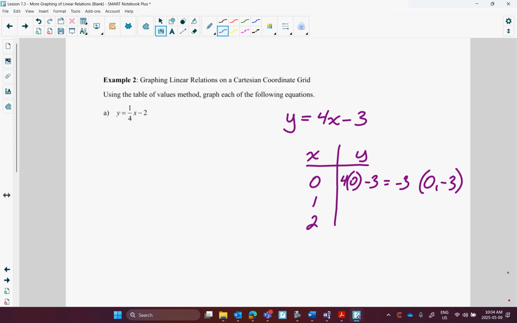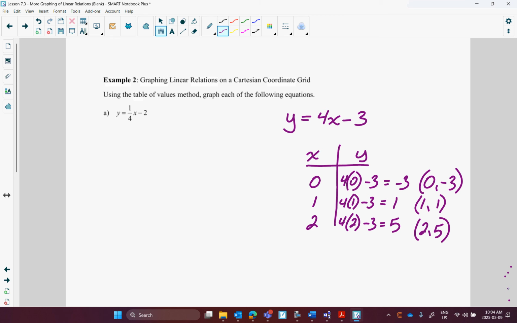So what is 4 times 1 minus 3? It's 1. So another point is 1, 1. And finally, what is 4 times 2 minus 3? That's 4 times 2 is 8. 8 minus 3 is 5. Those are my 3 points.